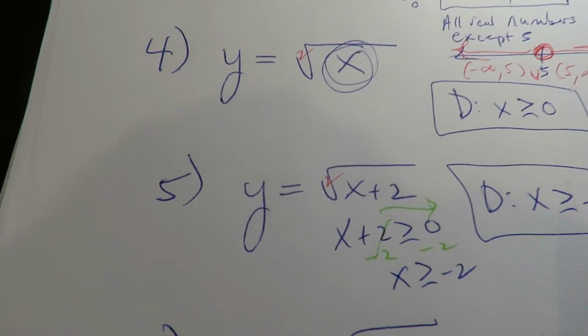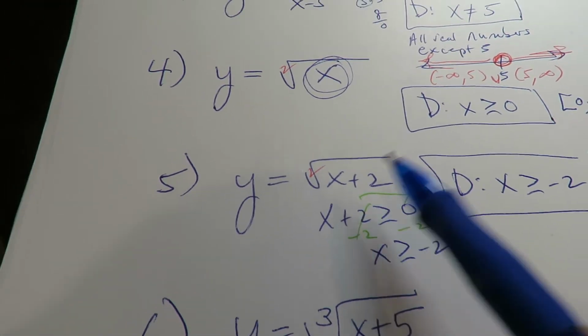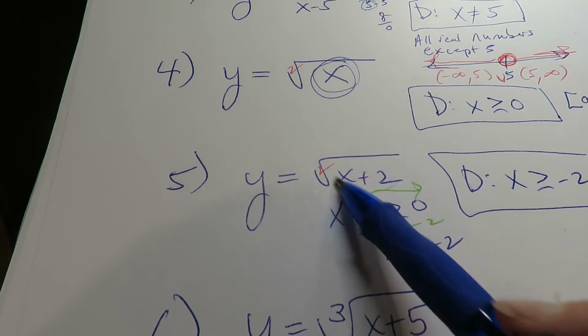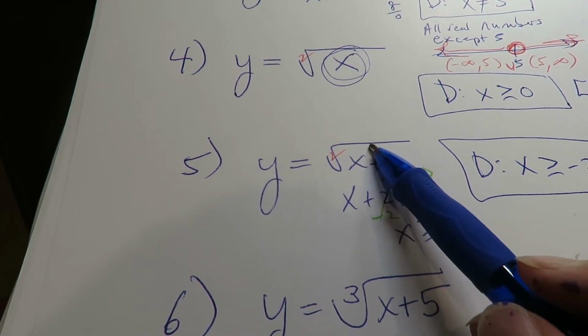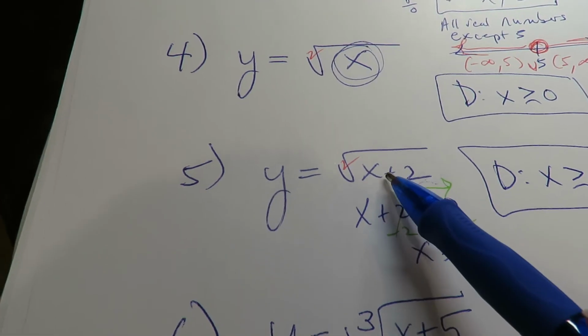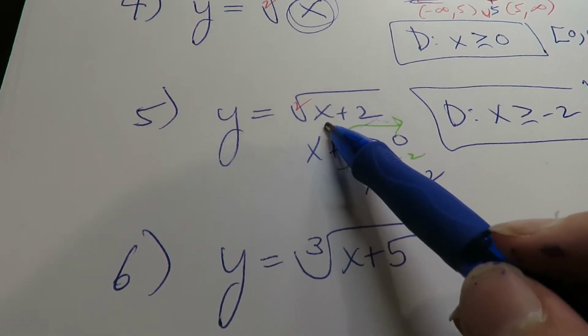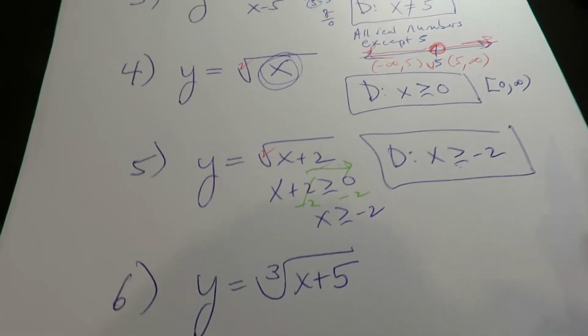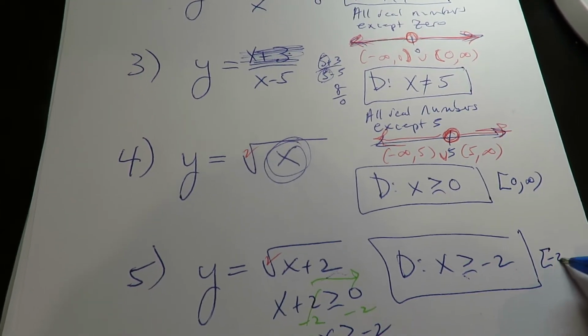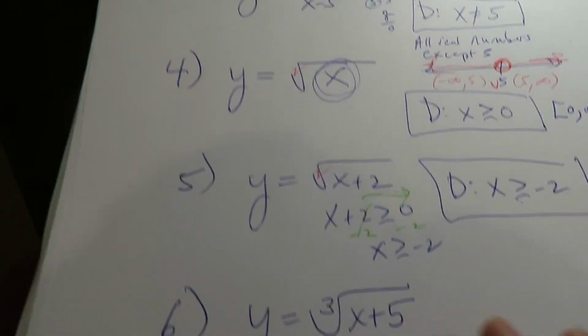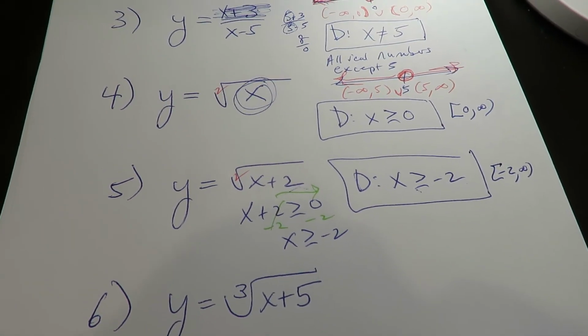I'm just going to say that again. That's a little hard to understand. What's under here will in total stay to be 0 or higher if what's put in for x is -2 or higher. All right, I'm going to just write it in interval notation, for those who want it.